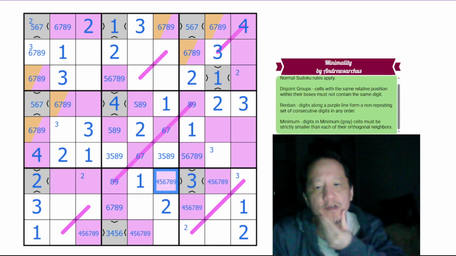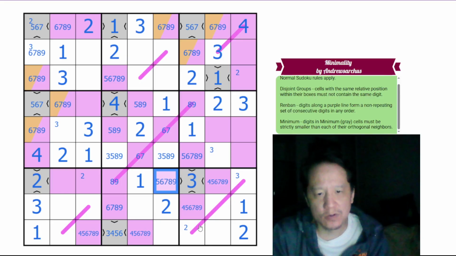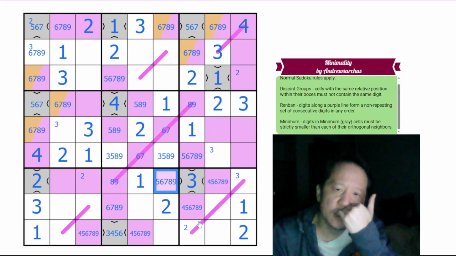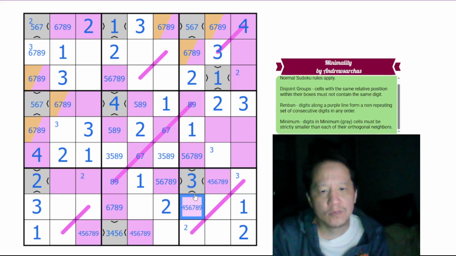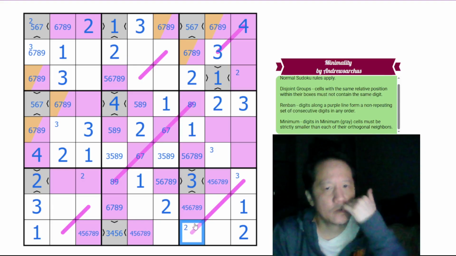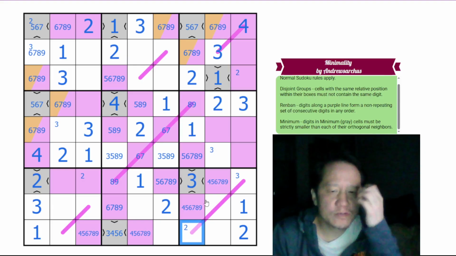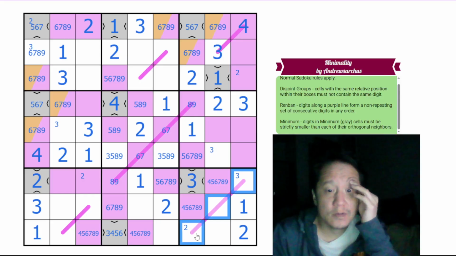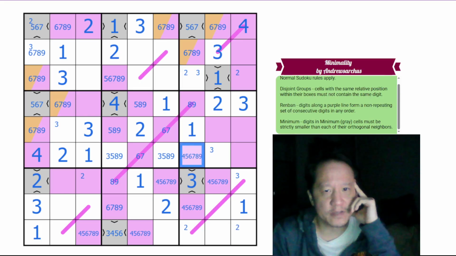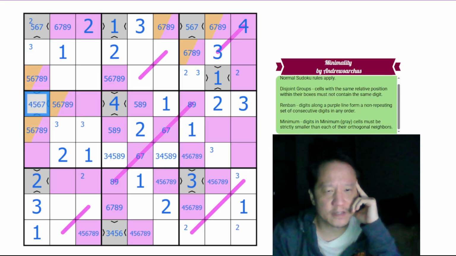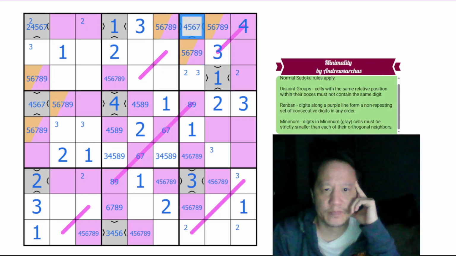That means this can't be 4 here. There's a 4 in the corner. 3, 3, 3. Yeah, that seems fine. So that's not leading to any contradictions here.